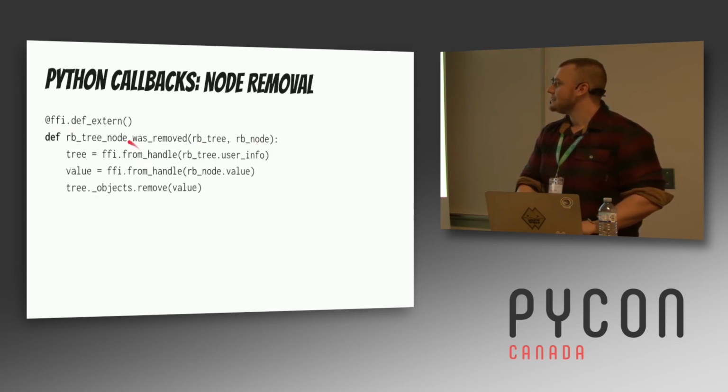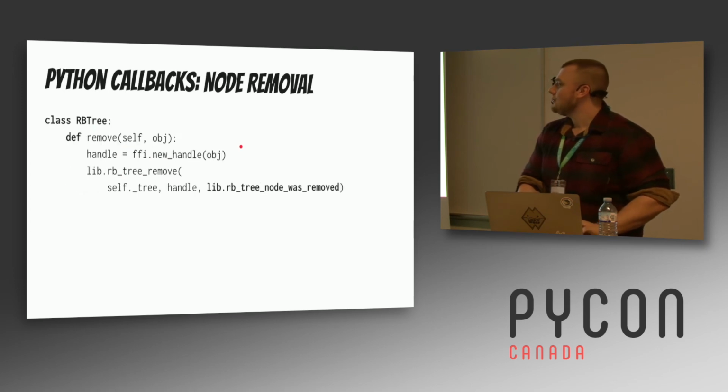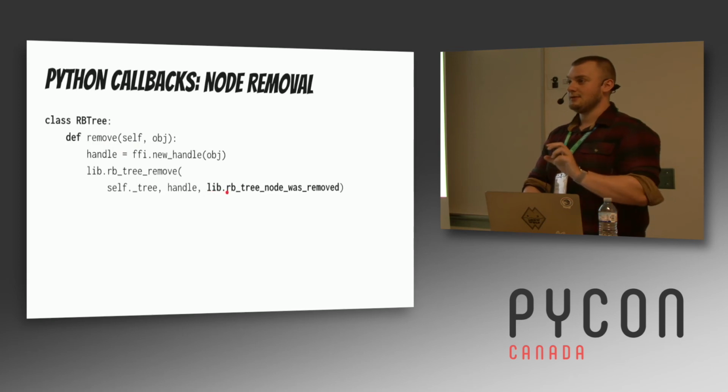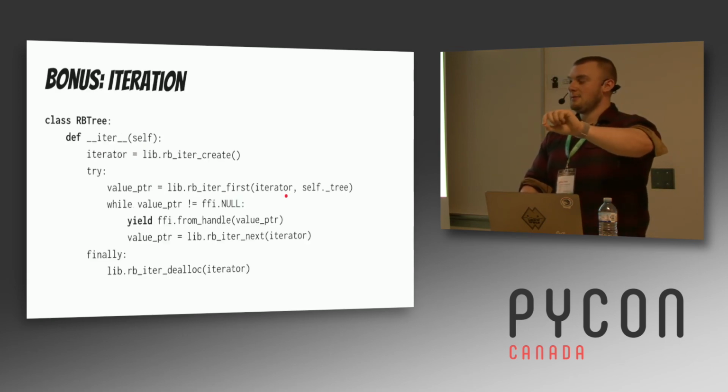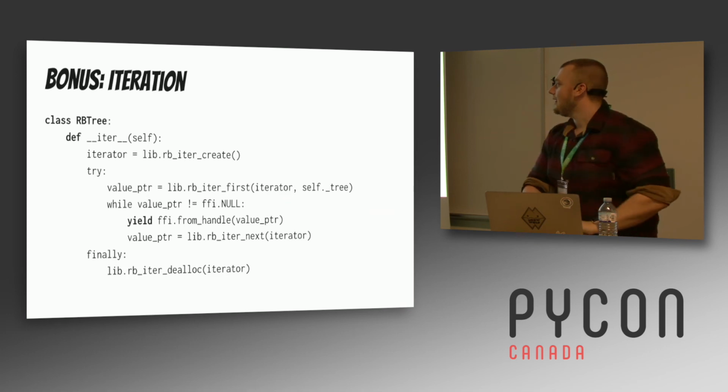We're defining it with the same name, arbitrary node was removed. We just get the tree, we get the value, and we remove the value from the objects. And this is our node removal callback. Then again, in our remove function, we pass in the lib reference to the same function name. So it threads through the build file, the def_extern in Python, and the lib attribute.